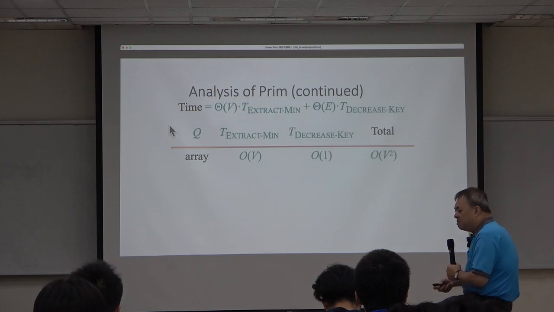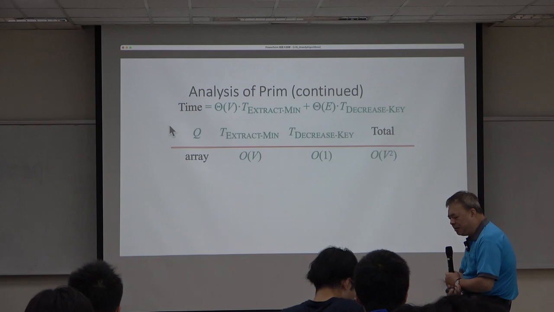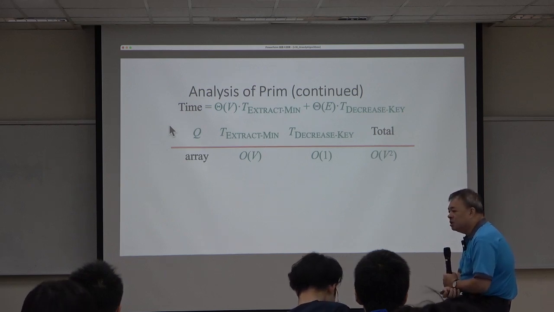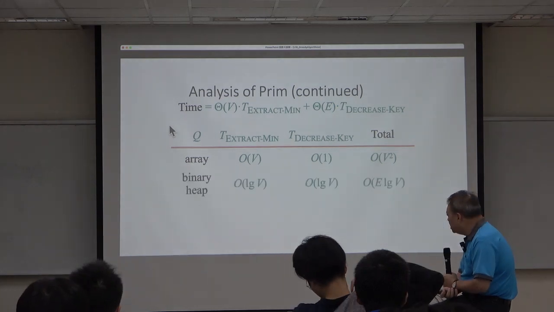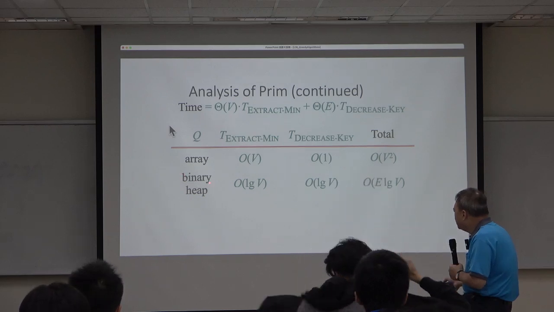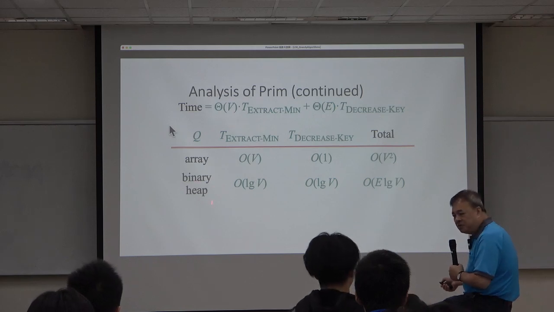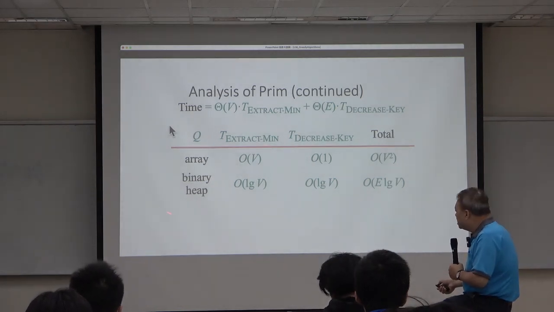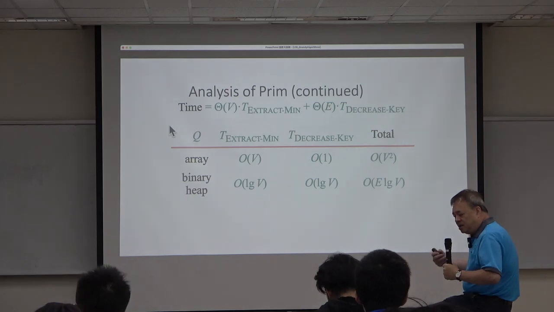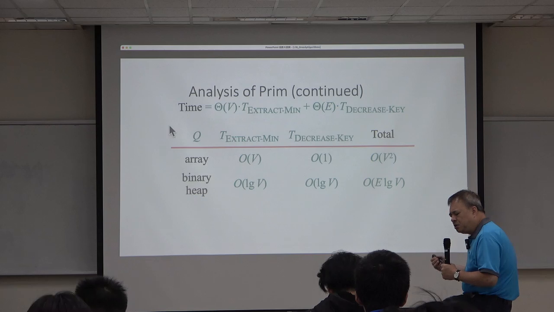But in previous chapters, we also learned you can use a heap to implement a priority queue. If you use a binary heap, then extract min is log V. Remember we talked about heap sort. In the heap sort chapter we talked about heap, and a heap is essentially a priority queue.